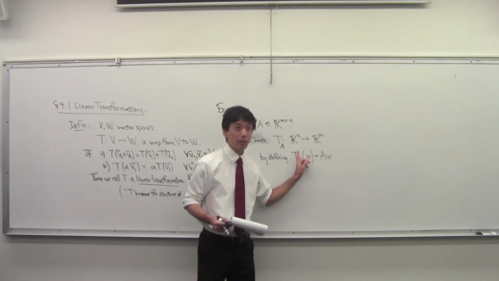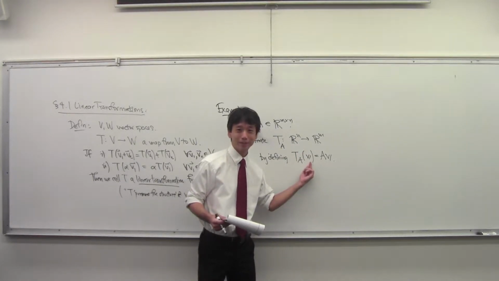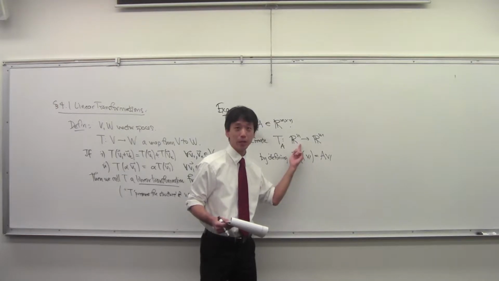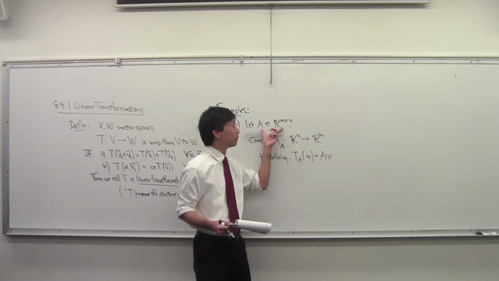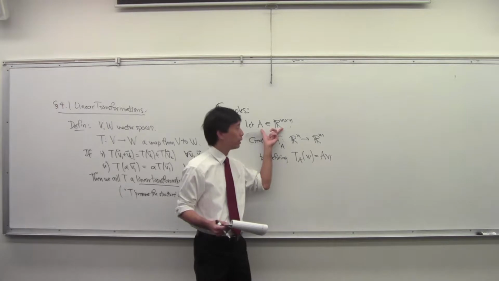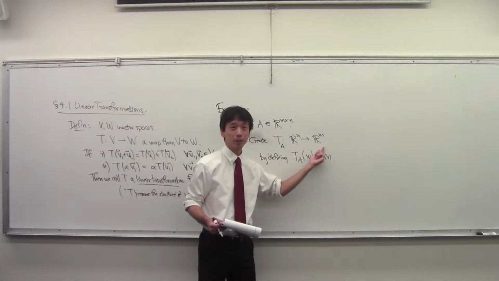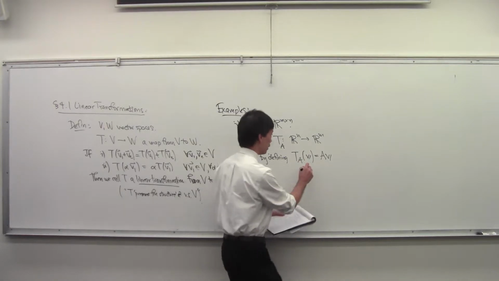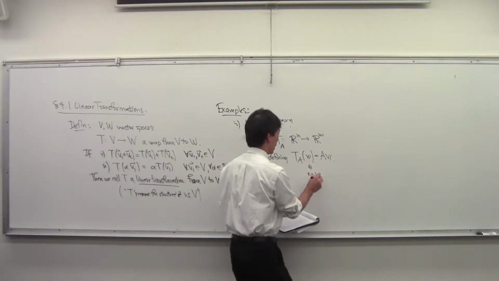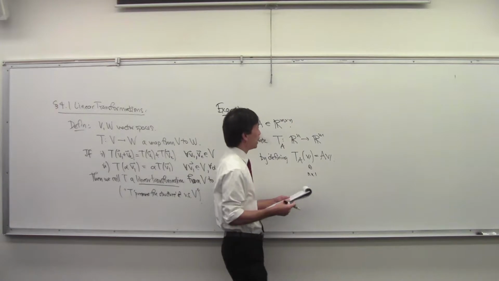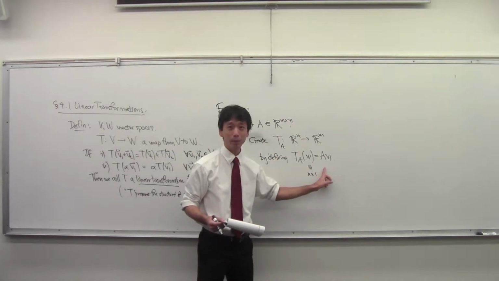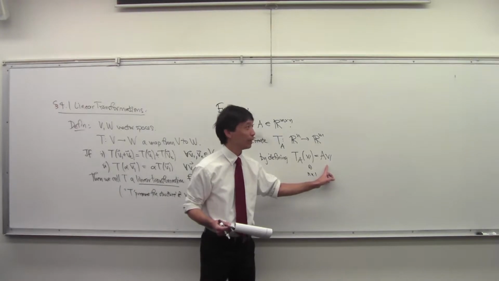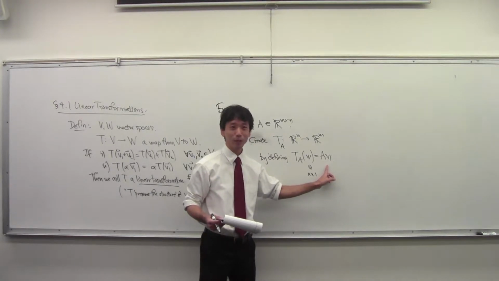If you take a vector in Rn and multiply it with your matrix on the left side, you're going to get a vector in Rm. This vector is in Rn, so this is an n by 1 matrix. A is an m by n matrix, and so you're going to end up with an m by 1 matrix, in other words, a vector in Rm.